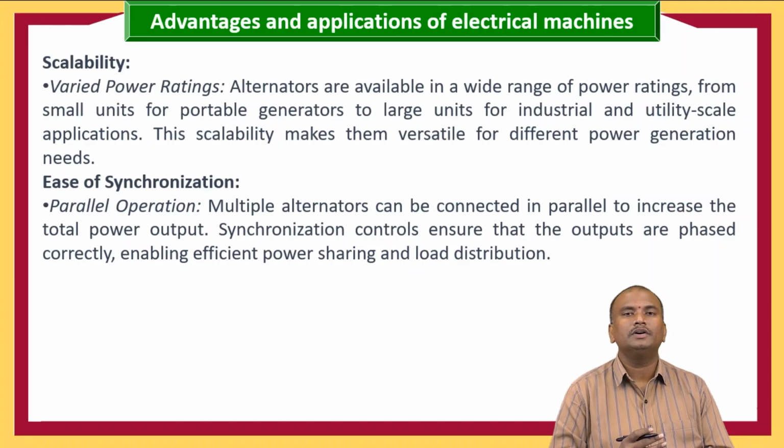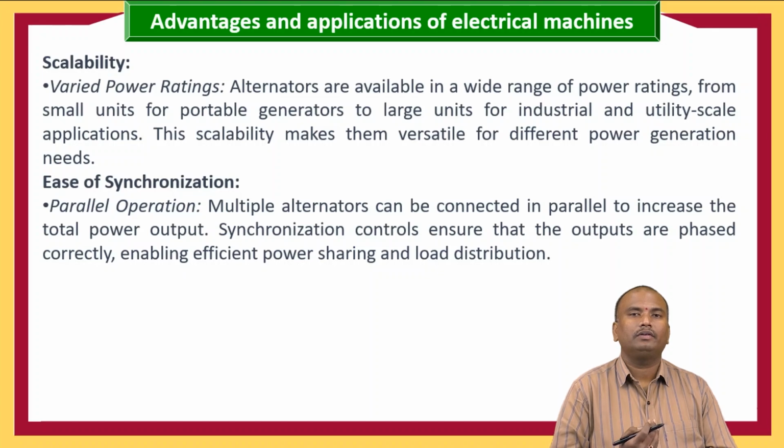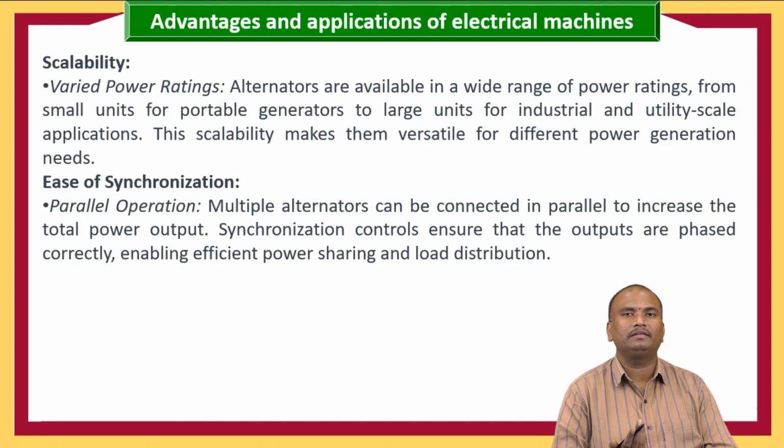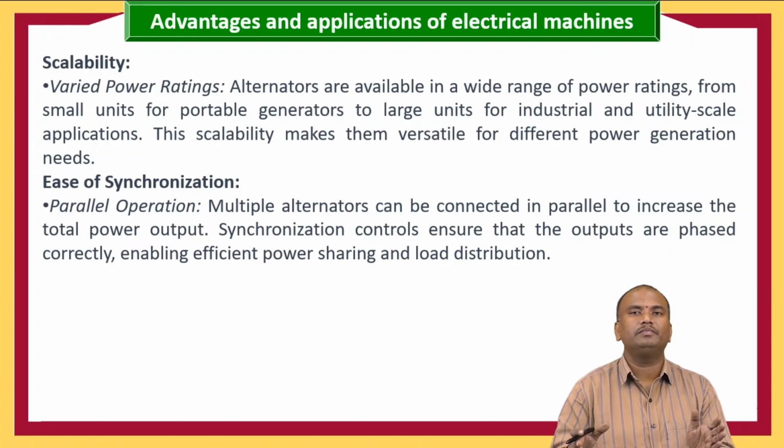Whenever we want maximum power greater than the rating of the alternator which is available, then we can connect another alternator in parallel in order to increase the total output power, based on our demand requirements. The number of alternators connected in parallel can vary.